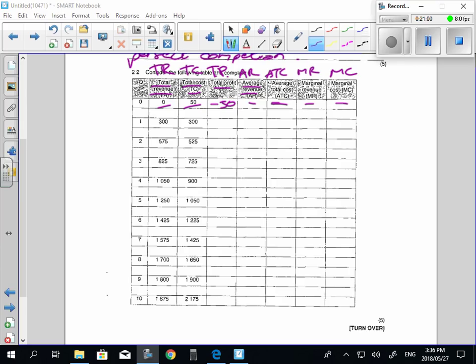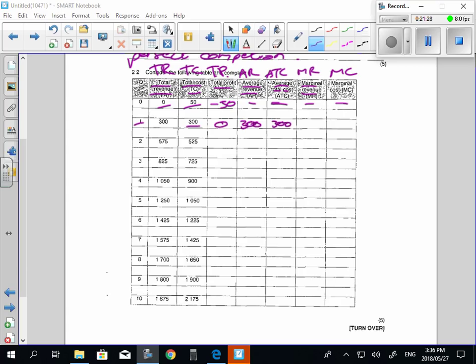Your total cost is 300, which means you make 0 profit. You break even. How do we calculate average revenue? Average revenue is total revenue over quantity. So 300 divided by 1 is 300. Your average total cost is total cost divided by quantity, 300.